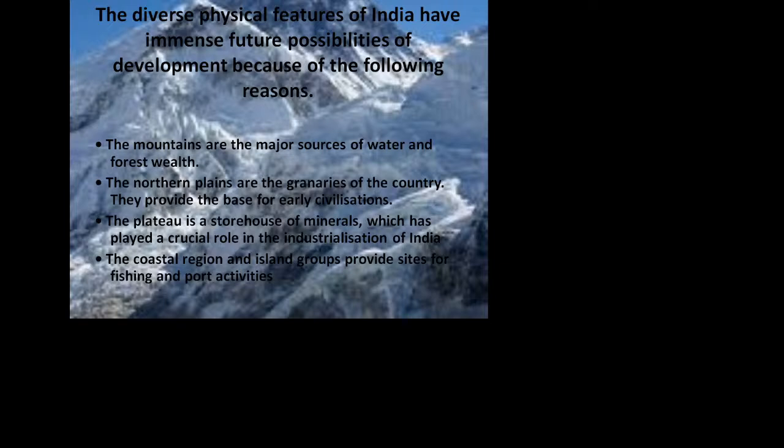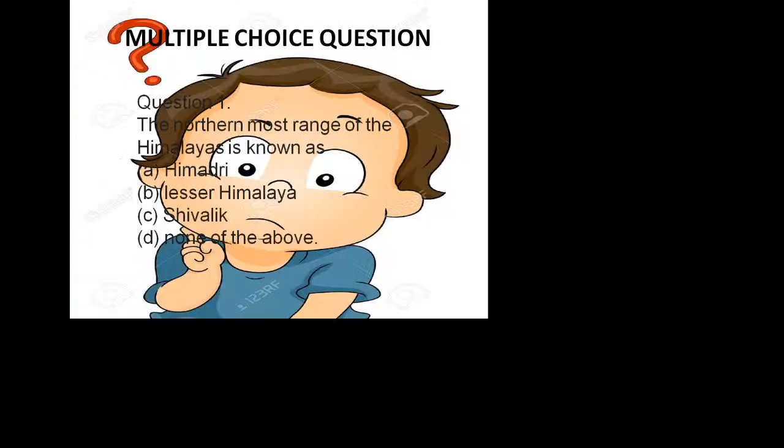They provide the base for early civilizations. The plateau is a storehouse of minerals, which has played a crucial role in the industrialization of India. The coastal region and islands group provide sites for fishing and port activities.